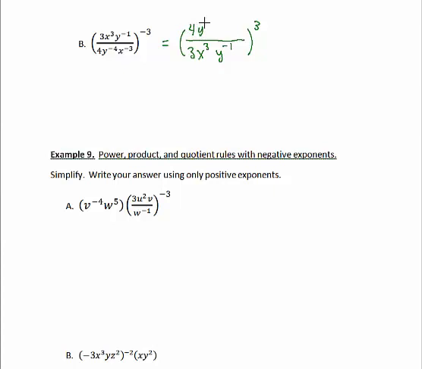We move the 4 to the top, and the signs of the exponent stay the same. We moved them because of this negative changing to a positive.